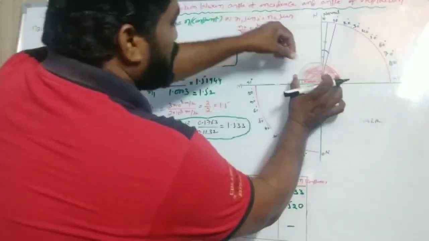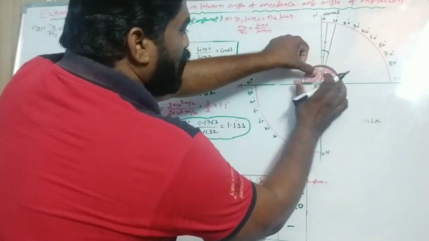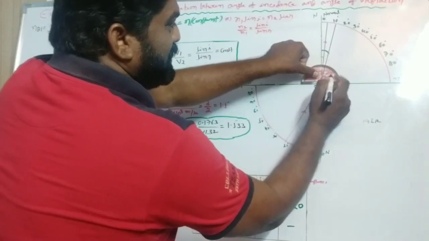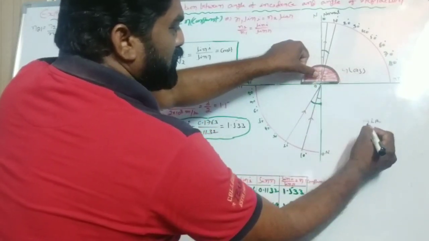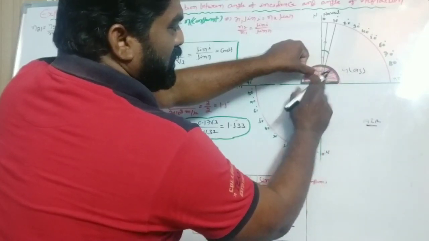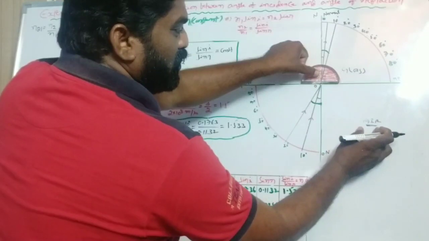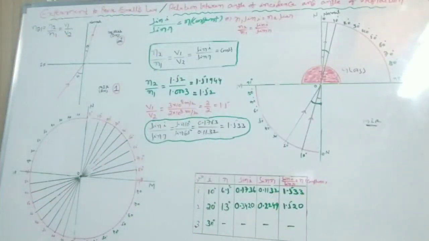Now this center coincides with O. This is glass, and this one is air. Air is rarer, glass is dense, right?